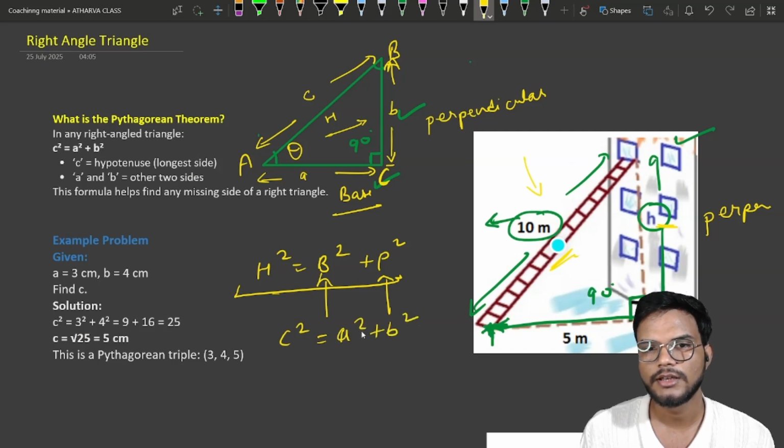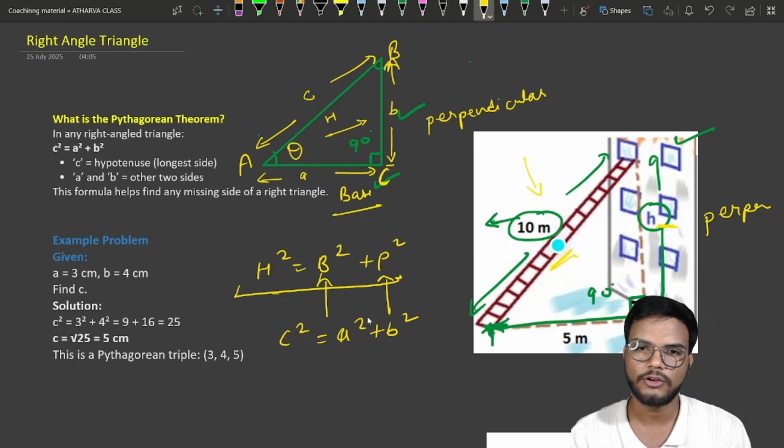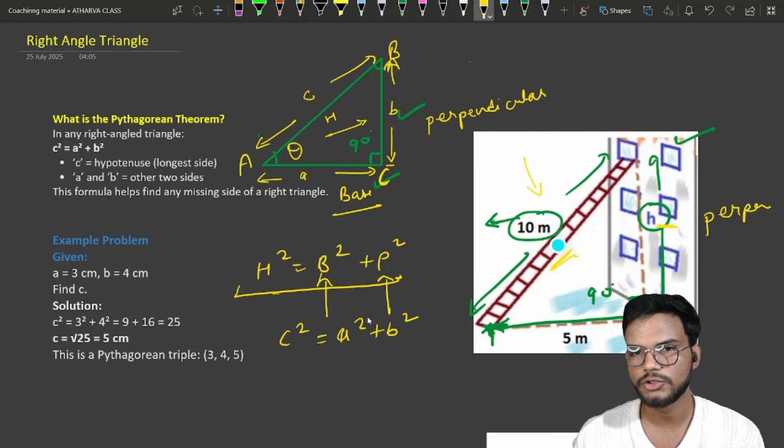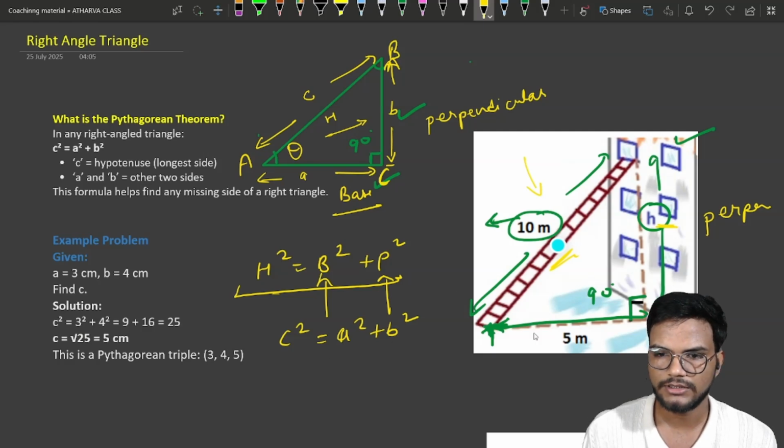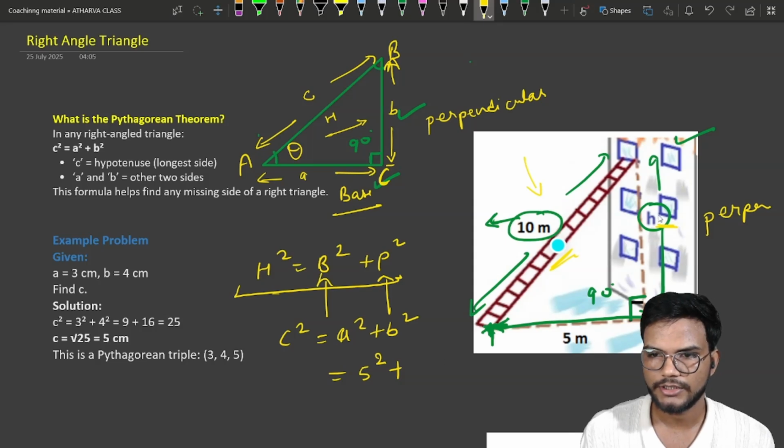What it means is that the square of the longest side equals the sum of squares of the other two sides. This is what we have to do. In this question, the base is 5, right? The base is 5 meters, and this h is the perpendicular.